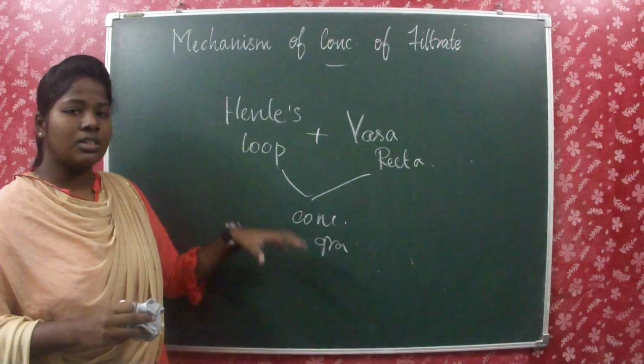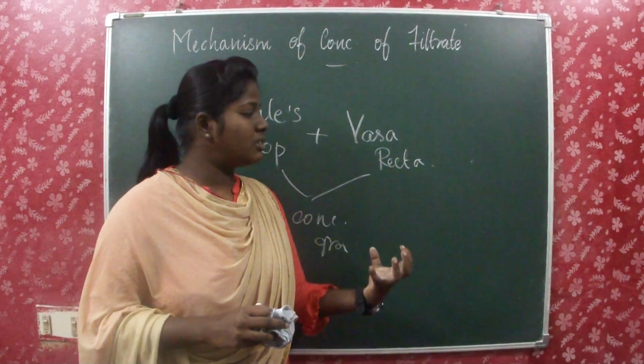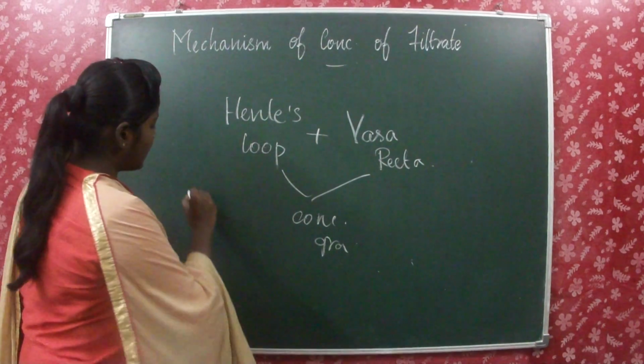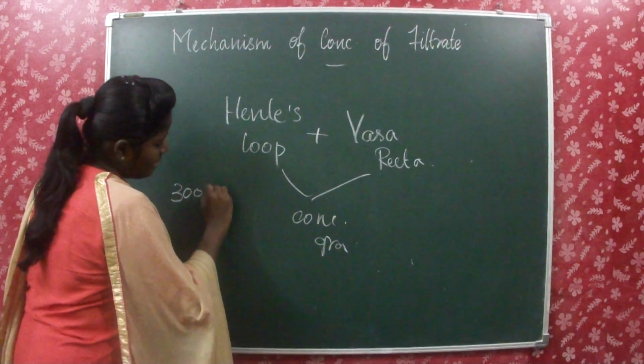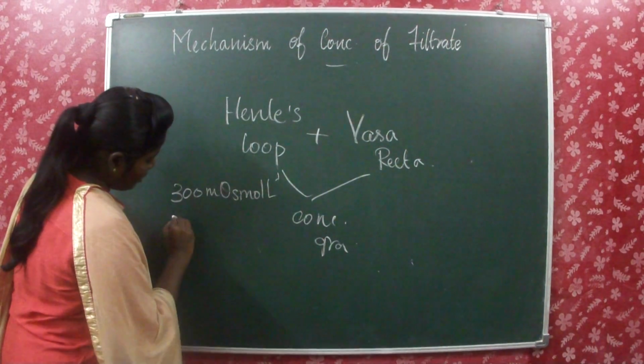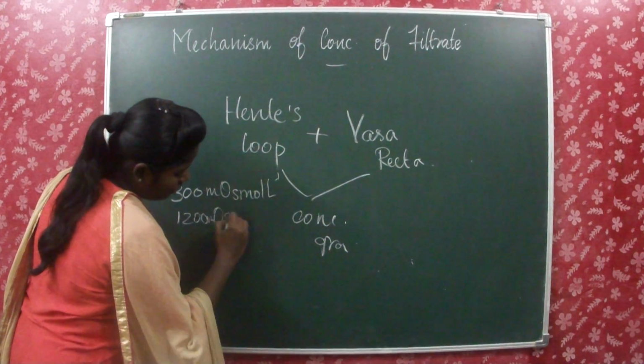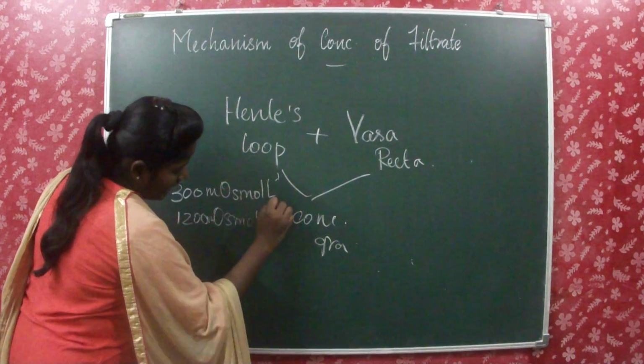So here the osmolarity of the interstitial fluid increases from 300 mOsmol L power minus 1 to 1200 mOsmol L power minus 1.